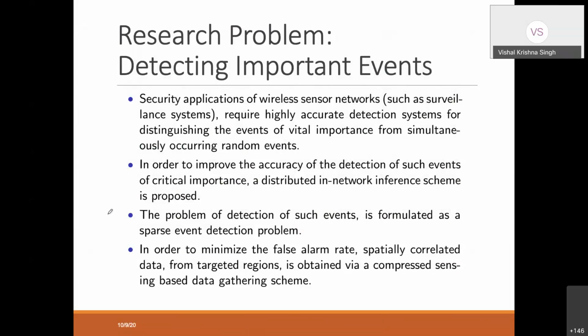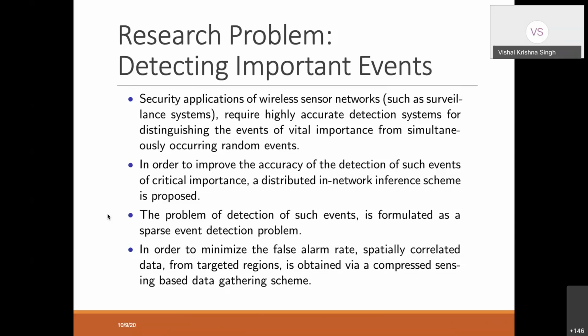Now, coming to the research problem which I'm trying to get to, it is based on surveillance systems, and is derived from this problem of monitoring these events, or monitoring the anomalies which these surveillance systems might witness. Now, as I'm saying, this problem is of detection of important events.